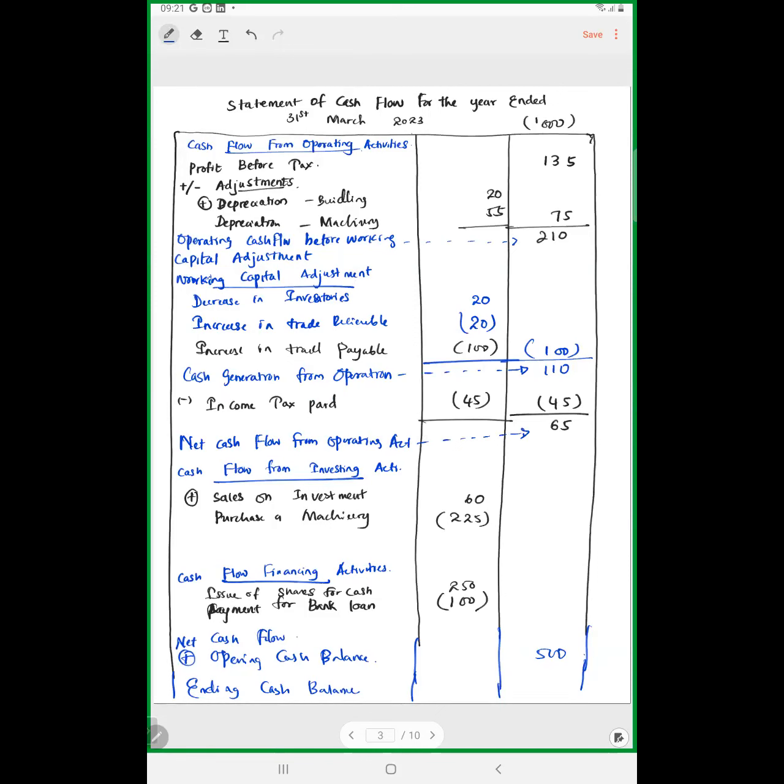Is that clear? And then after that we can calculate the net cash flow from investing activities.